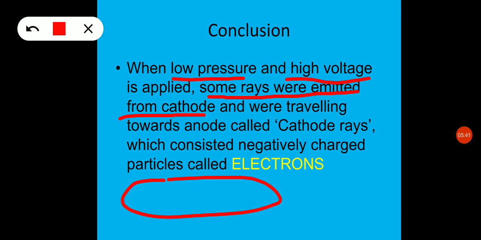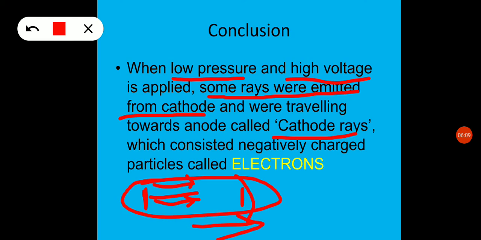This is a tube, this is the cathode and this is the anode. The rays were observed at the anode, so where do these rays come from? They were emitted from the cathode and were moving towards the anode. These rays are called cathode rays.